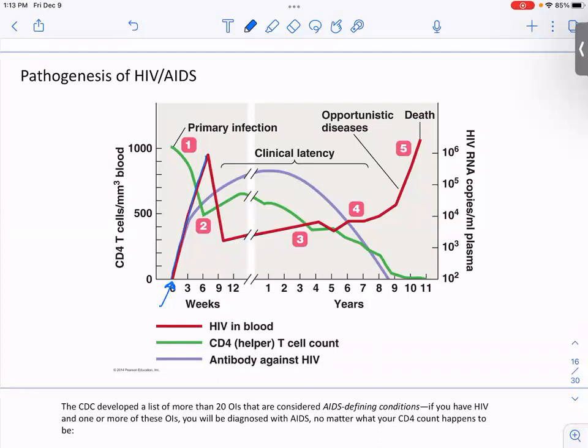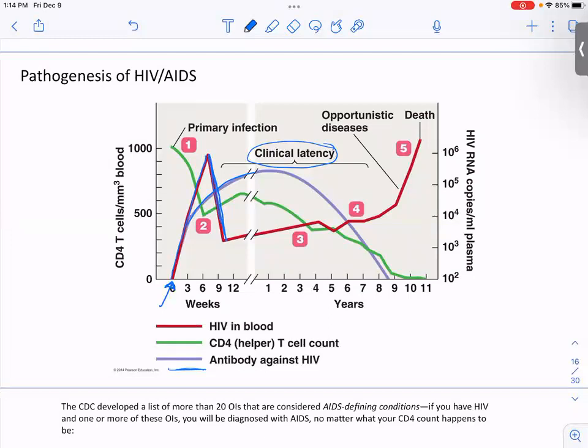So if you look at the purple line as the antibody, we do get some antibodies, and the HIV typically peaks and comes down for a while, and will typically be latent for some period of time that's variable depending on the individual. But over time, eventually the virus will start to replicate.